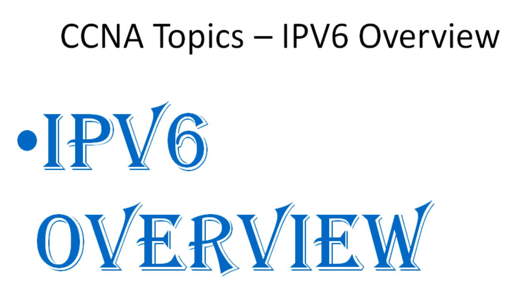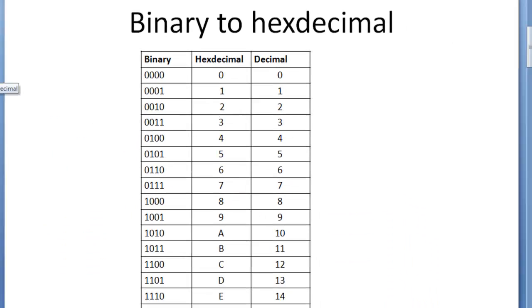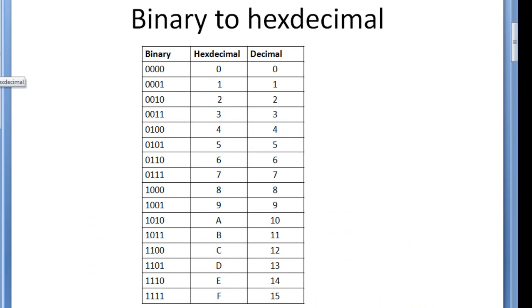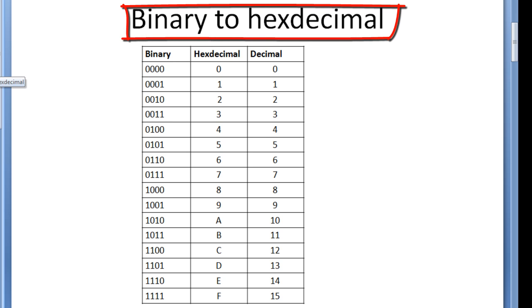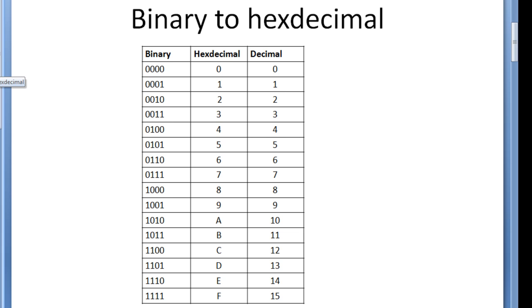Before we take a look at the IPv6 address format, we have to understand the binary conversion to hexadecimal. With IPv4 we don't use hexadecimal, but with IPv6 you need to familiarize yourself with hexadecimal numbers and how to convert them into binary.